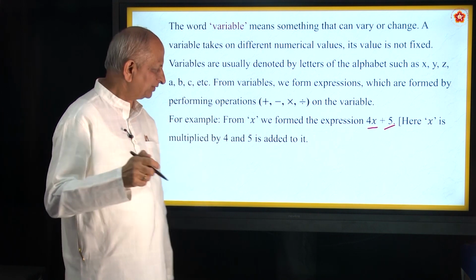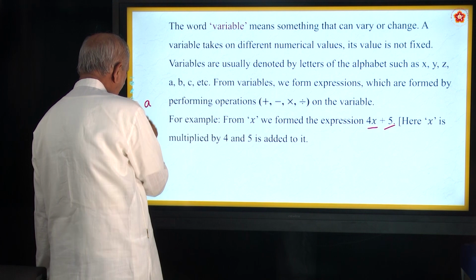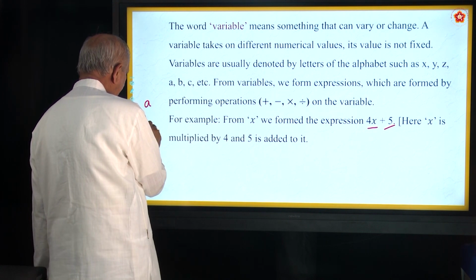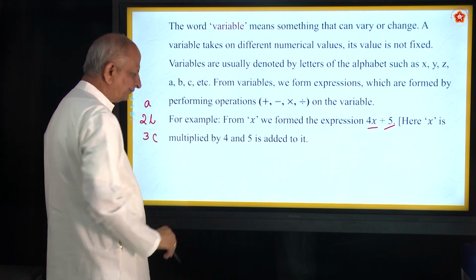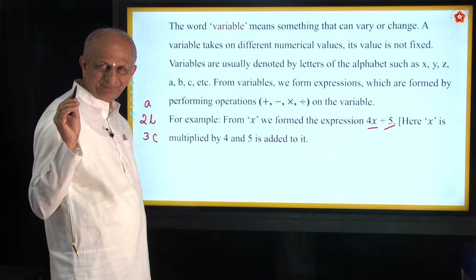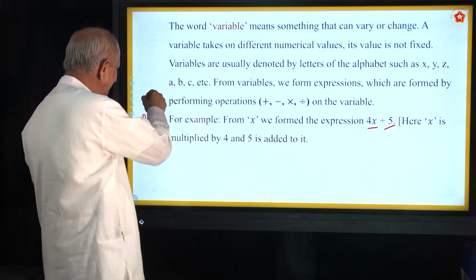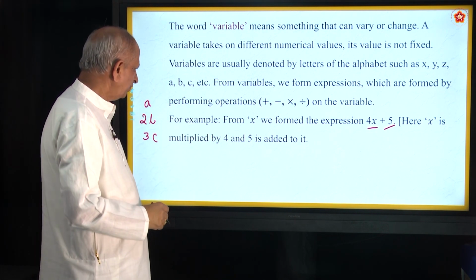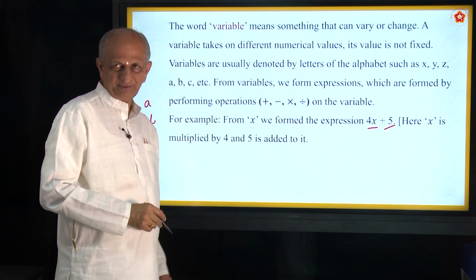One term is there? Monomial. For example, a is a monomial, 2b is a monomial, 3c is a monomial. How to identify it? There are no operations here like plus and minus. So, they are called monomials. This is the binomial.